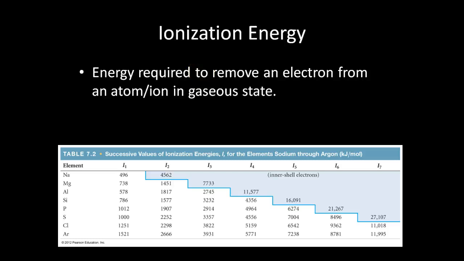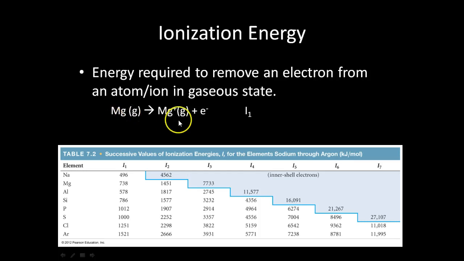The convention for actually writing these ionizations is shown right here. If you take magnesium in the gas state, so this is elemental magnesium, and then you remove an electron from it, this is for the first ionization energy. This is the way to write it.